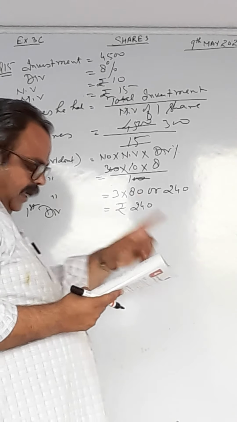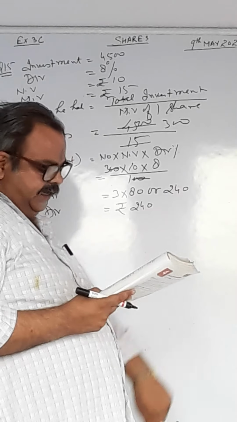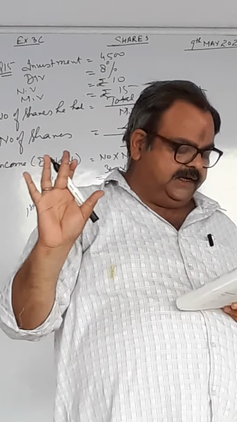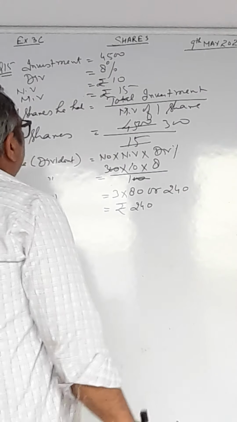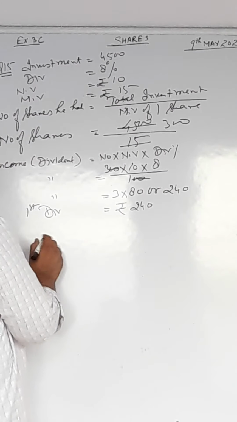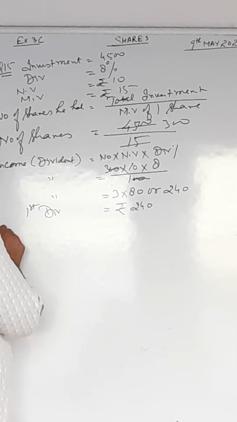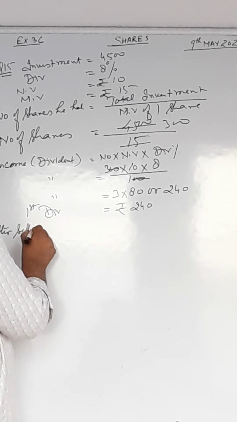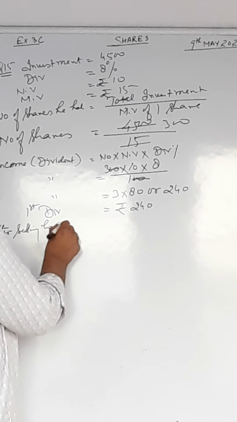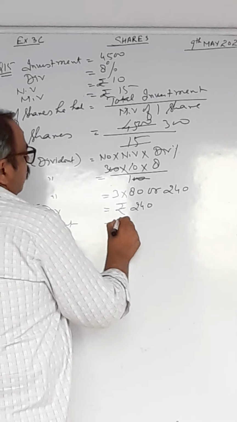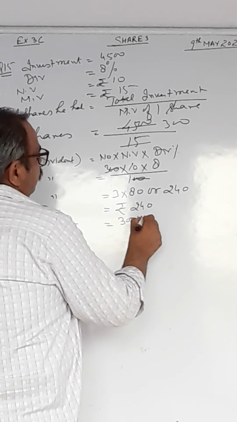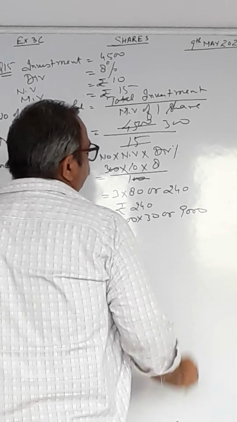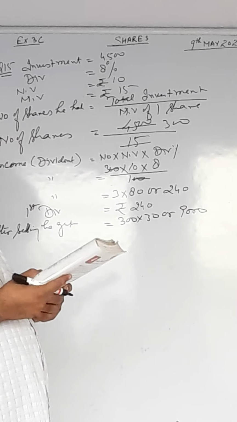Now he sells the shares and the price rose to 30. One share he is getting rupees 30. So after selling, he got 300 into 30, or 9,000 rupees. 9,000 rupees he has in hand.